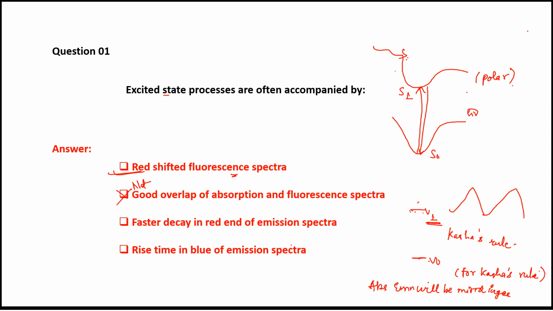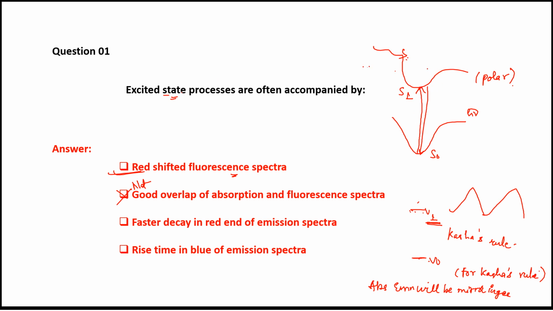So, what happens in the normal molecule, say with a ground state and an excited state? Under the normal condition, when the excited state is not a polar one, then directly from the absorption, emission occurs. So this is a normal condition.